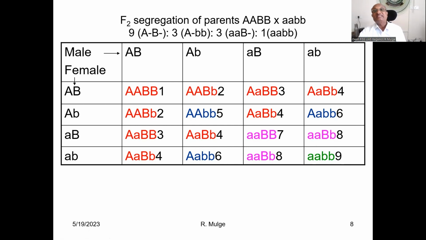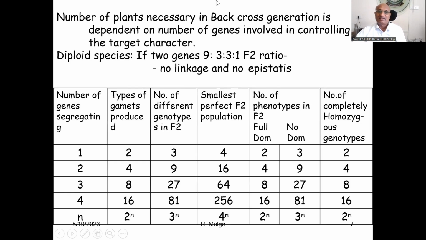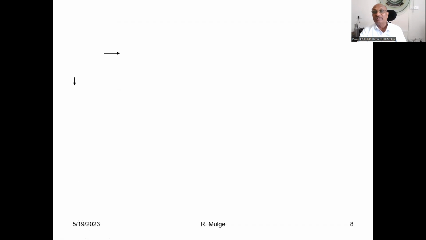If there is no complete dominance, similarly, for the genotypes, you get 9 different types. And the number of completely homozygous genotypes: with 1 gene, we said homozygous recessive and homozygous dominant. Now in 2 genes, the completely homozygous are 4, right?